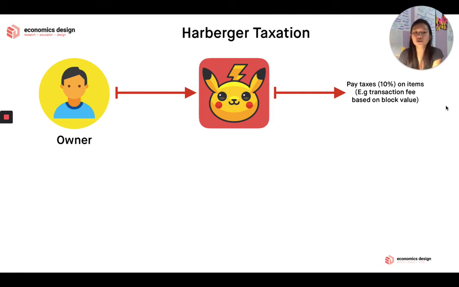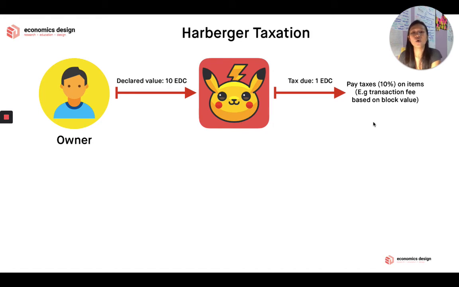It's a new model where you have to pay taxes, and these taxes are 10% of the price of Pikachu. Instead of taxes, think of it as a transaction fee based on the block value. Pikachu is in a block, and for Pikachu's block to be validated to prove that you now own Pikachu, you have to pay 10% of the value of this block. This 10% is the transaction fee, or what we call taxes.